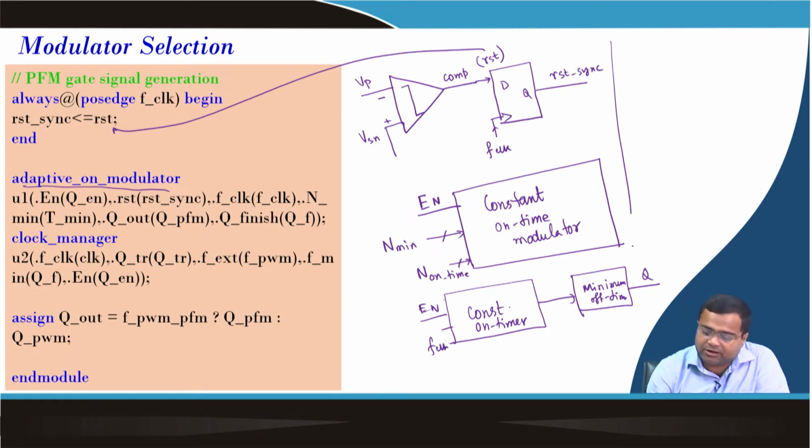But in case of adaptive on time, this part is coming from the adaptive, that means your current loop.